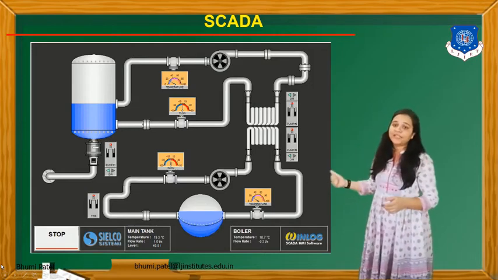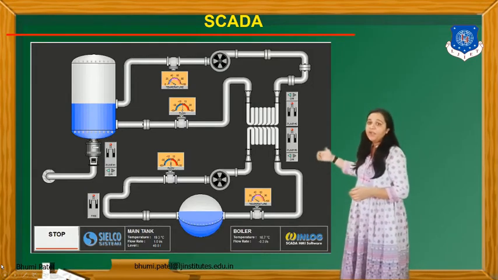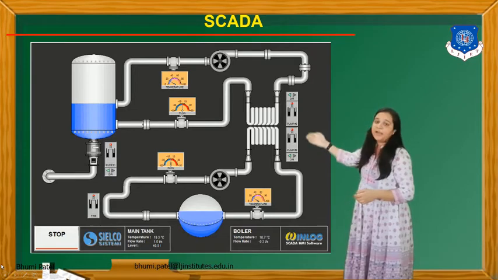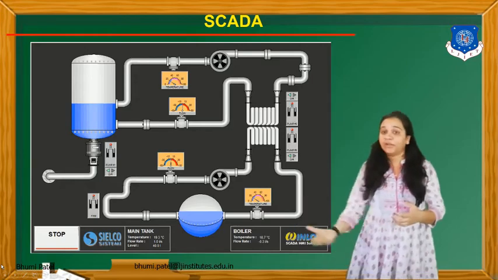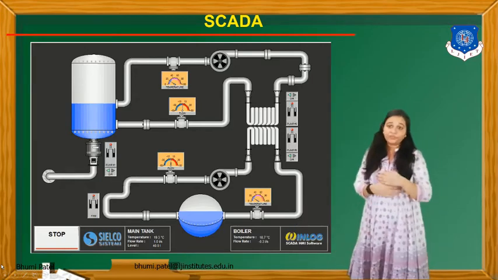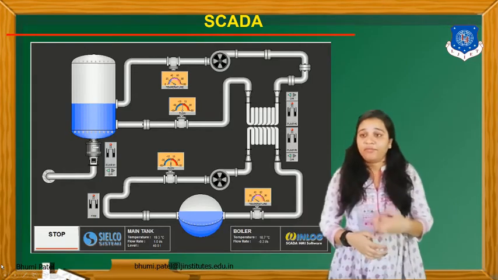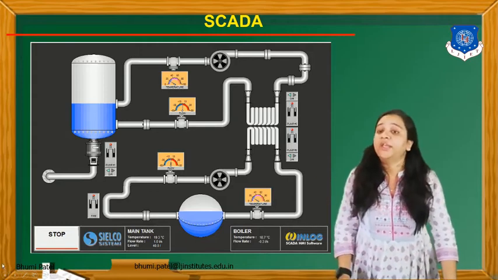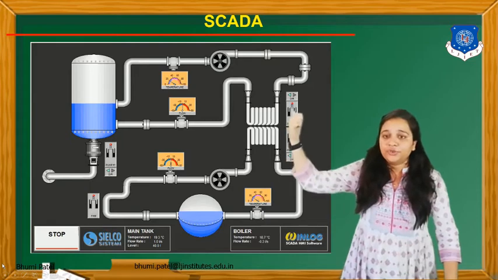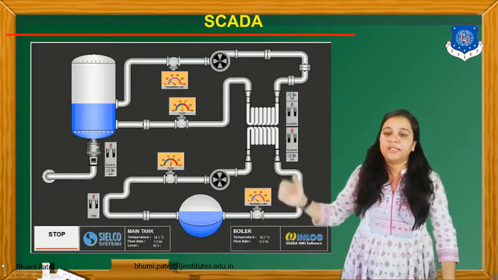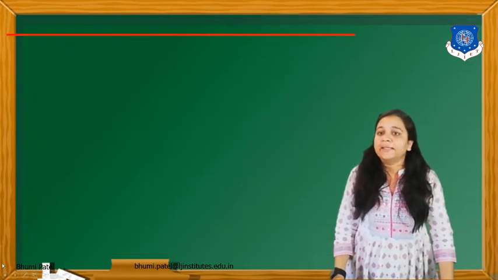Using this screen, input is applied for this particular tank, and then different types of level controller meters are connected, so we can continuously check the level of this particular system. We can increase or decrease the level using this switch button. So this is all about the SCADA and the HMI.